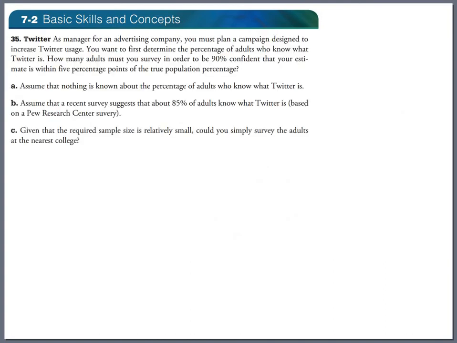So 35 says determine the percentage of adults, so sample size again. We want to be 90% confident that we're within 5 percentage points. So 5 percentage points, 5%, looks like that.